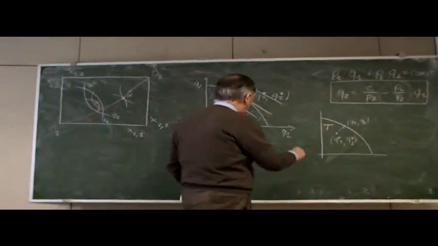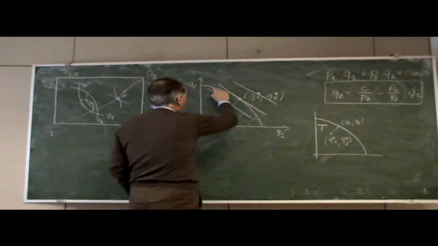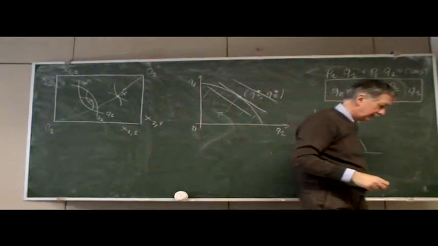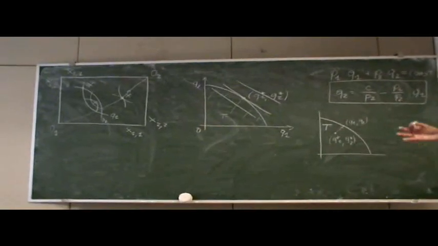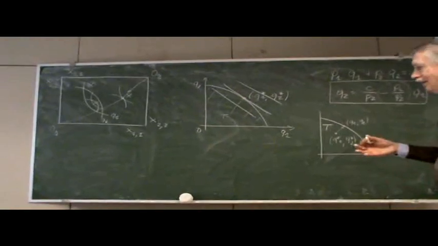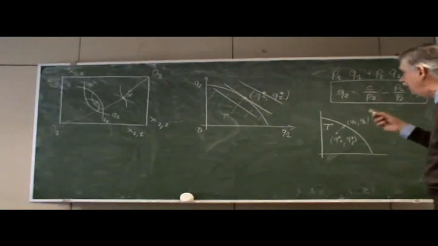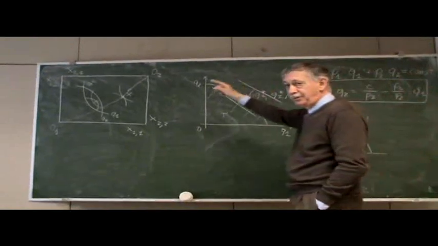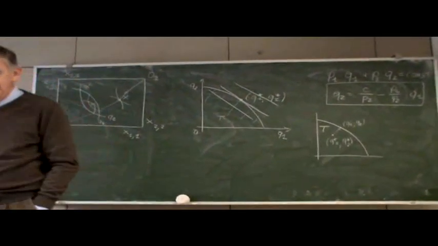So, the pair of quantities which are produced in equilibrium must lie on the production frontier, or the transformation function, use the term which you wish. And this means, obviously, that in equilibrium, also for production, there is efficiency.